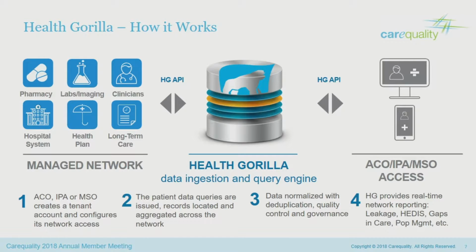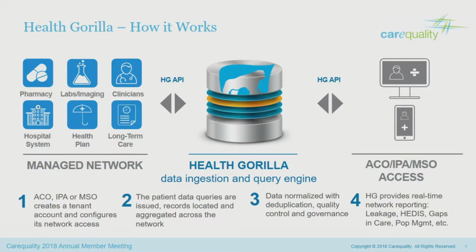One more slide, how we do this from a technical perspective. We use multiple APIs, including FHIR, to read and extract data from the participants of the network, like laboratory and imaging vendors, clinician EMRs, hospital systems.